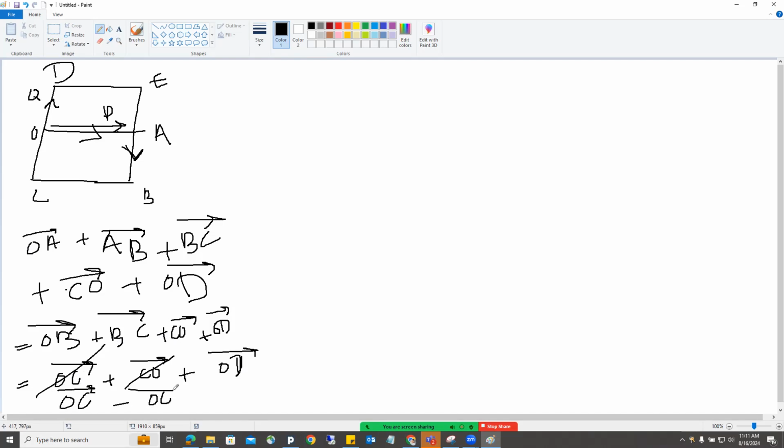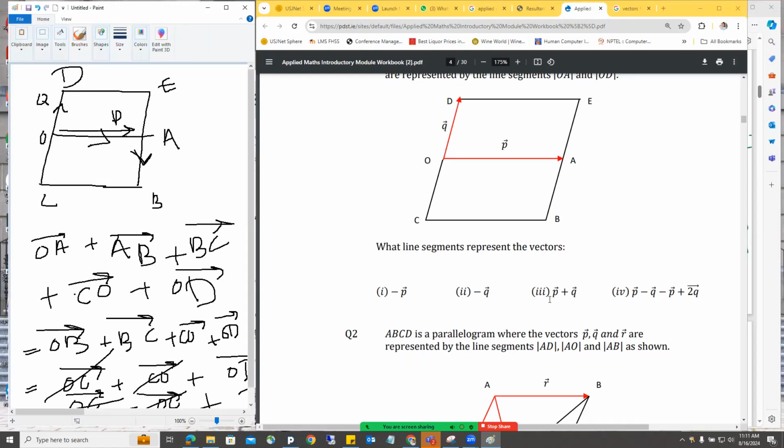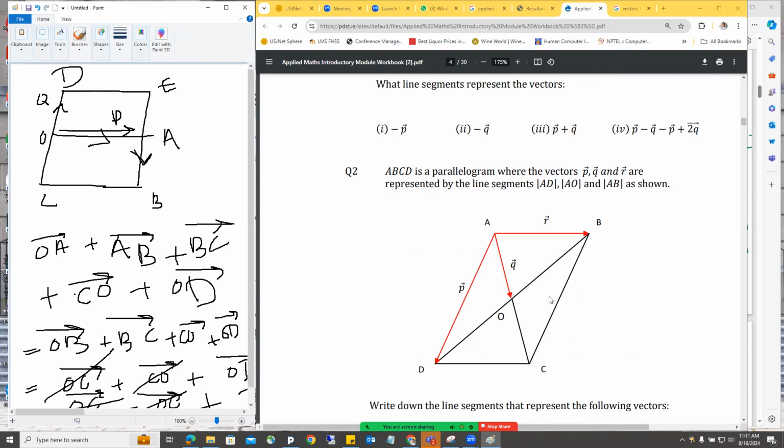Then these two vectors cancel, and only the OD vector will be there. So the answer is OD. Is it clear? Yes. Okay, that's how it works. Then the first question is done.